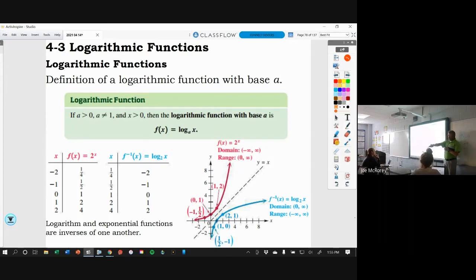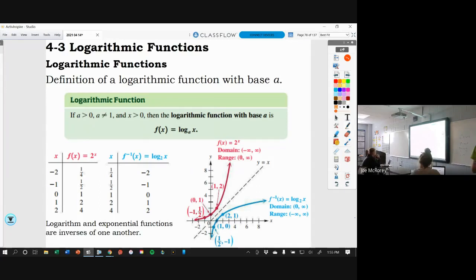The inverse. How do you find the inverse? You swap x and y. You swap the domain and the range. So for graphing a logarithm, the domain is 0 to infinity, and the range is all real numbers because x and y swapped.